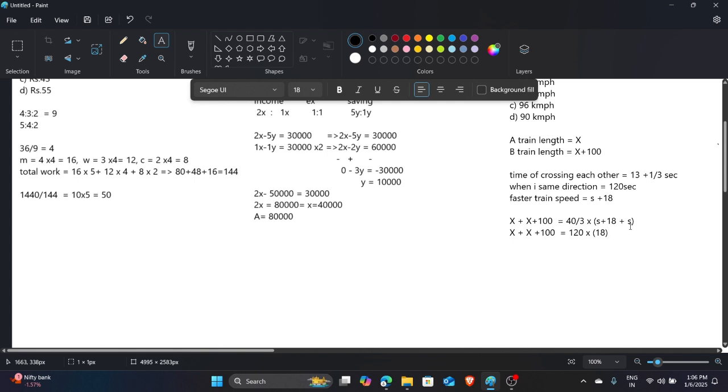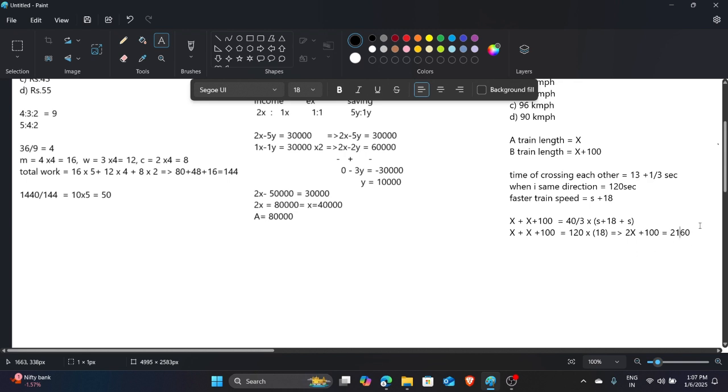Now we have to take the value of x from this equation and put it in this equation. So from here x plus x is 2x, so 2x plus 100 equal to 120. 2 sixes are 12... 18 2s are 36, so 6 is here, 3 is carry, 18 1 the 80, so 21.